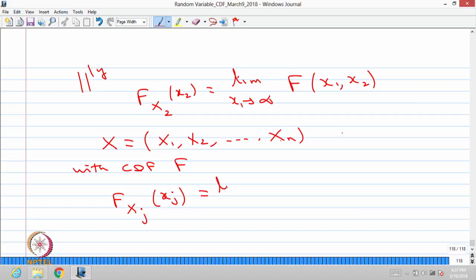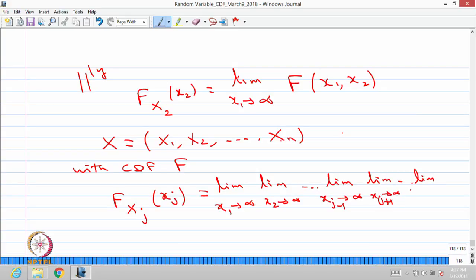That is nothing but the limit x1 tends to infinity, limit x2 tends to infinity, and so on, limit x(j-1) tends to infinity, limit x(j+1) tends to infinity, and so on, limit xn tends to infinity of capital F of x1, x2, ..., xn.